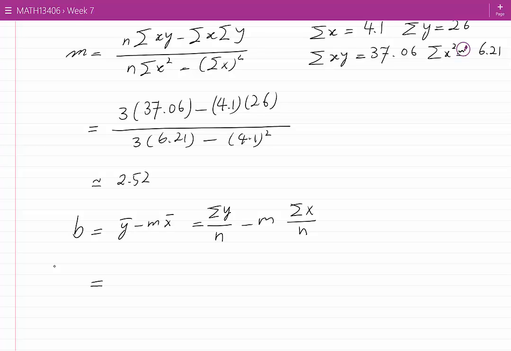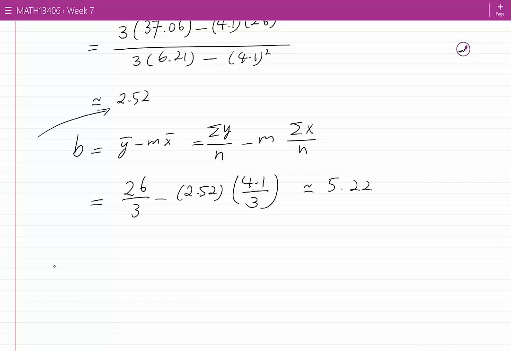This is equal to 26 divided by 3 minus the value of m, which we found earlier, 2.52, times sum of the x values, which is 4.1, divided by n, which is 3.